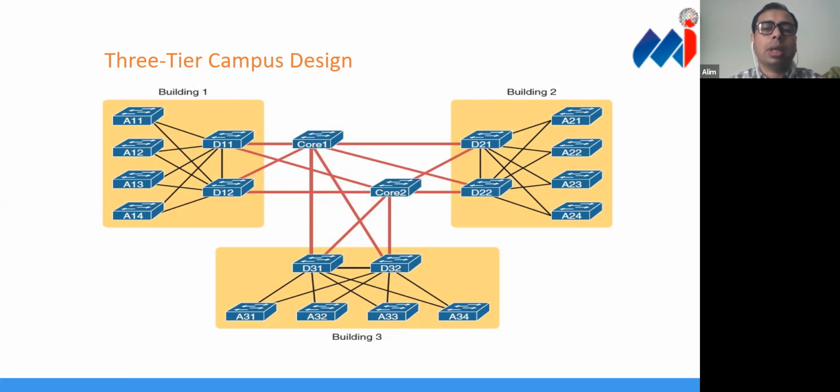Only one link will carry traffic. So this type of network is used in three-tier design. Do you have any questions, or can you understand this diagram?